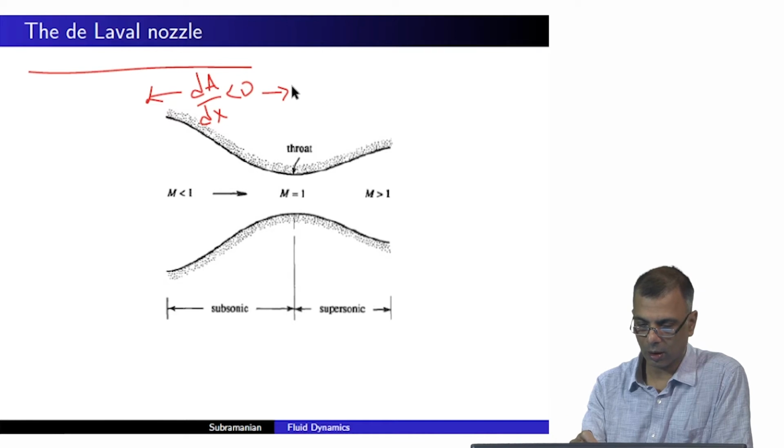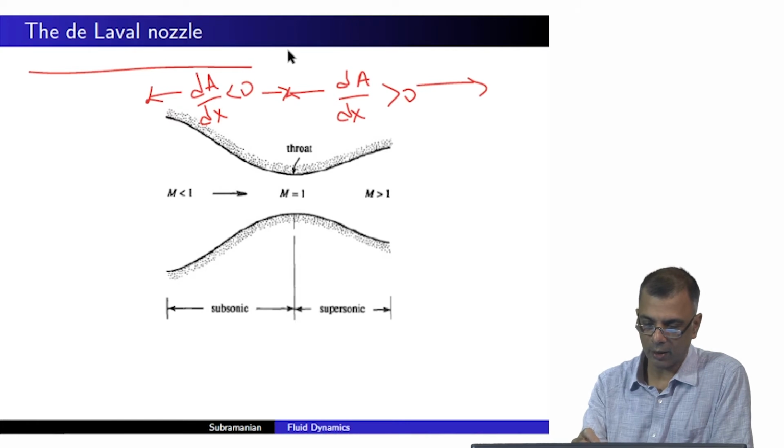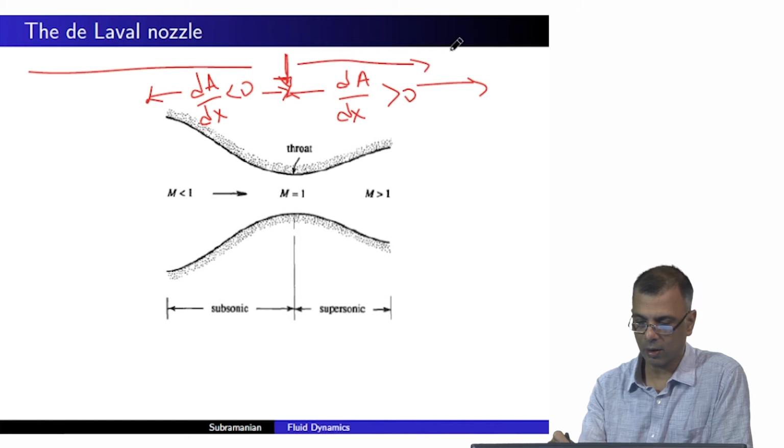okay, and from here to here, here onwards, right? And right here, exactly here, dA/dx is equal to 0.